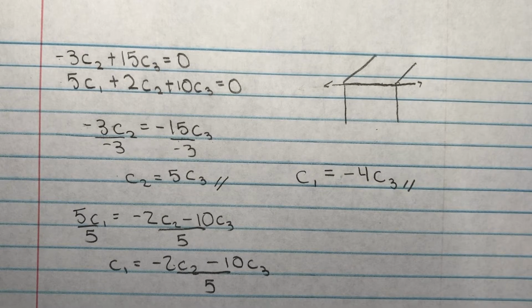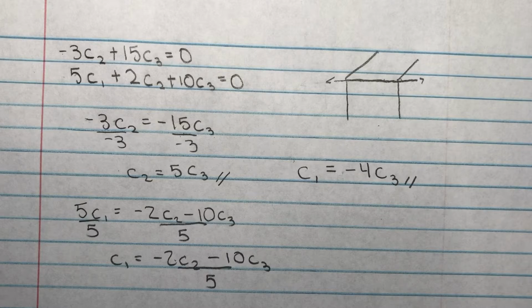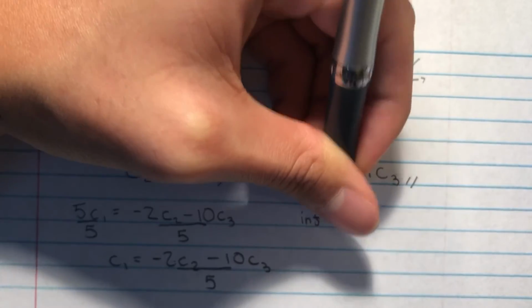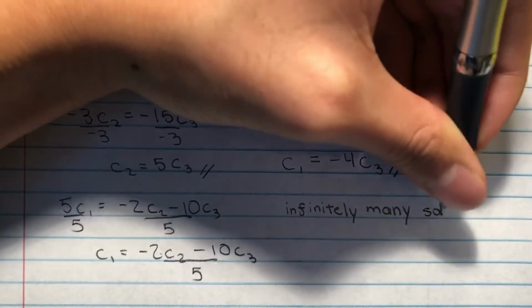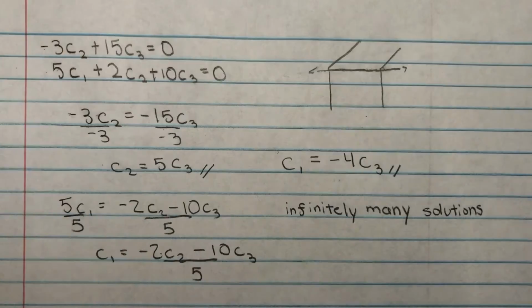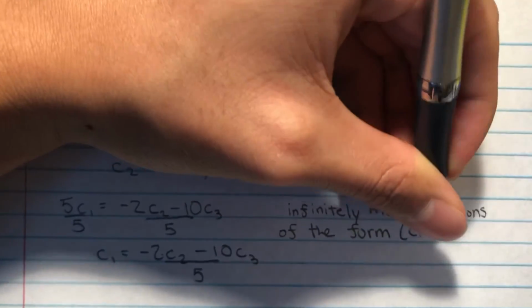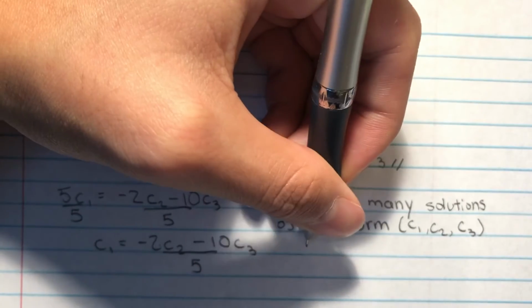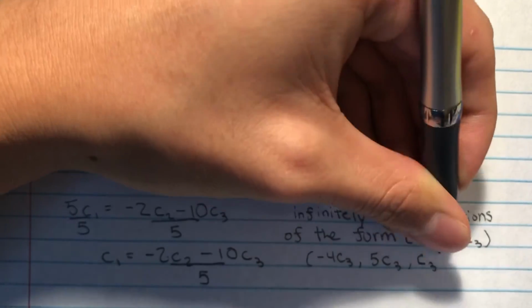Now that we have c1 and c2 in terms of c sub 3, we can write the solution as that there are infinitely many solutions of the form C1, C2, and C3. So in this case, it would be negative 4 c sub 3 for c sub 1, c sub 2 would be 5 c sub 3, and then c sub 3.